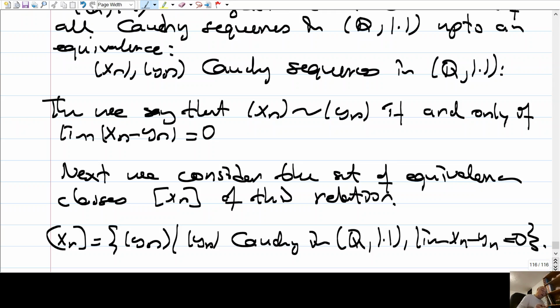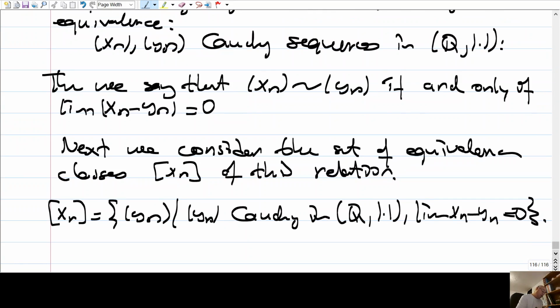Okay, so I just consider all the Cauchy sequences in Q so that this condition is satisfied. And this equivalence class represents millions of sequences.